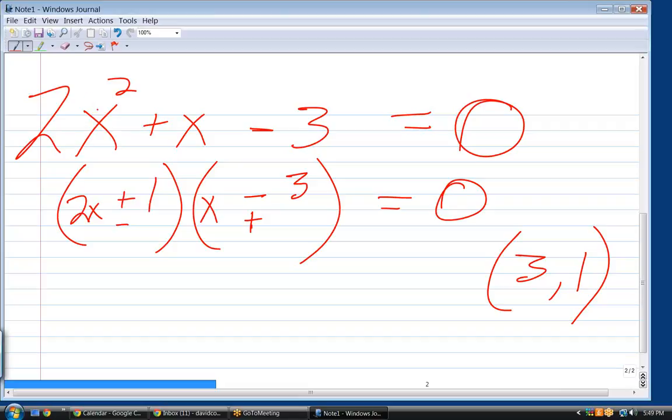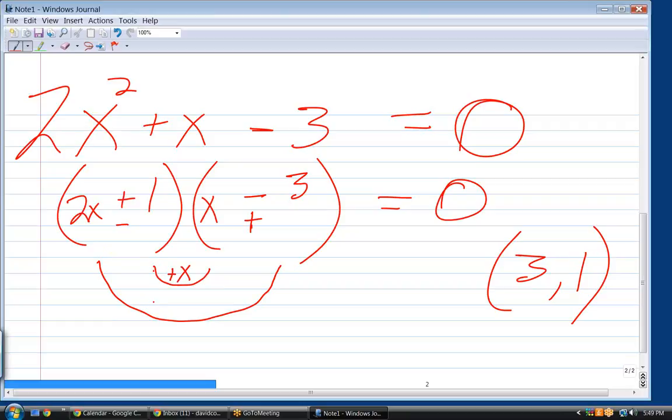I know that this first term's correct, and I know this term is correct. So the only question is, what middle term does this give us? What's this? So it's 1x. What's the outside?